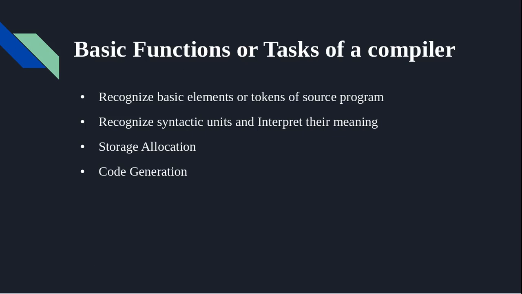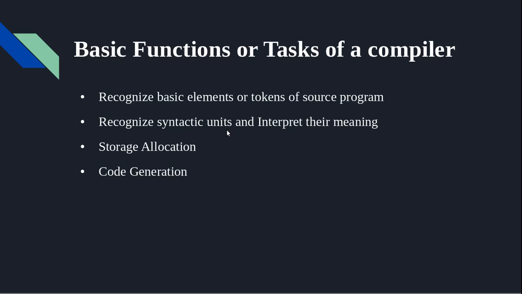Tokens are nothing but our variables, operators, constants, keywords, etc. Once we have converted our source program into a sequence of tokens, we have to check whether this sequence of tokens are in proper logical order or not according to the syntax of the source program. So that is the second main task of a compiler. Recognize syntactic units and interpret their meaning.